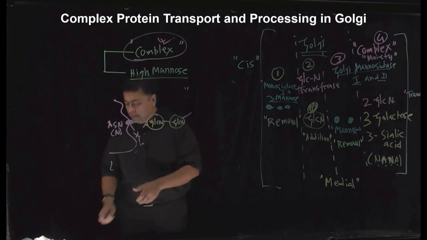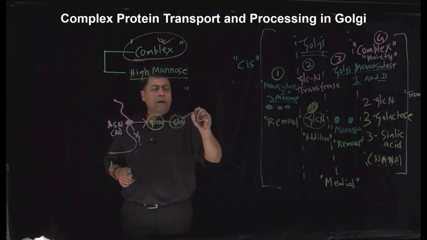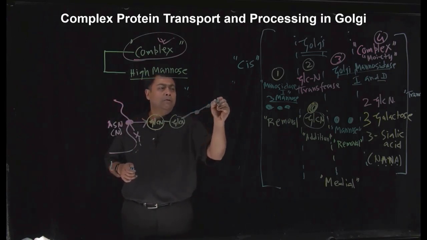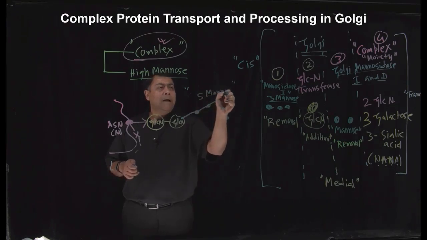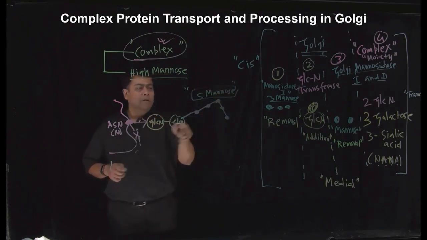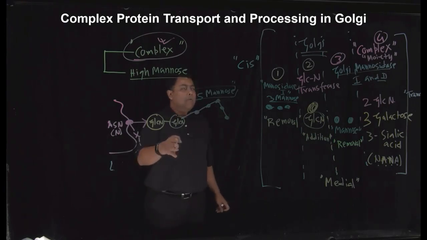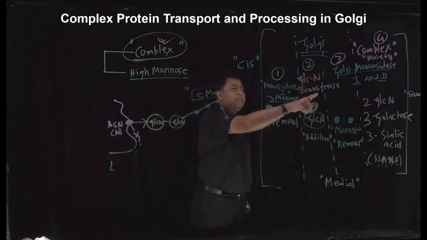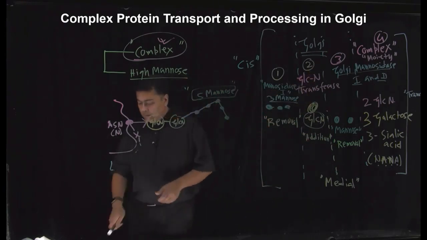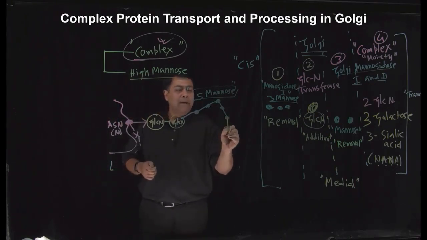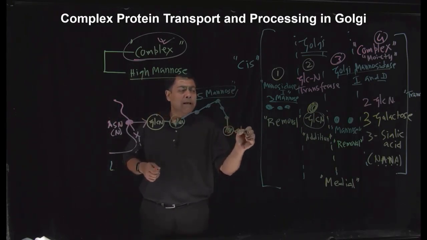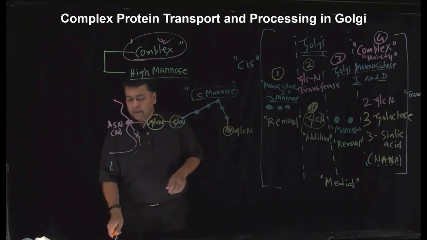So you have here 1, 2, 3, 4, and 5 mannose. 5 mannose left on this. So now in step 2, we have added 1 N-acetylglucosamine. We have added back again 1 GlcNAc, N-acetylglucosamine.